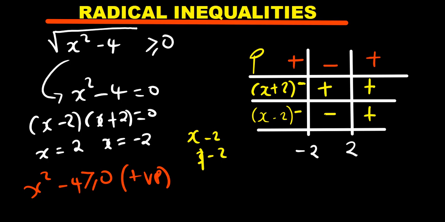So we want all the numbers from 2 going in that direction, and on the other side, going this way, these are also numbers greater than 0.